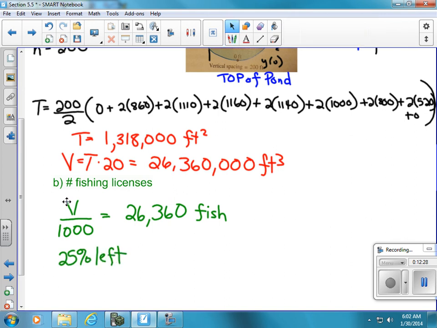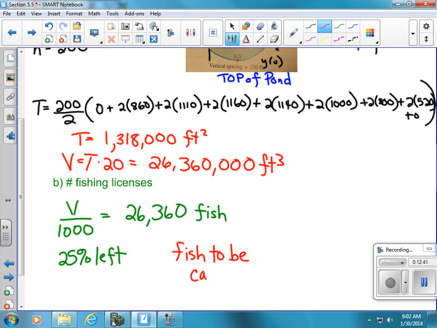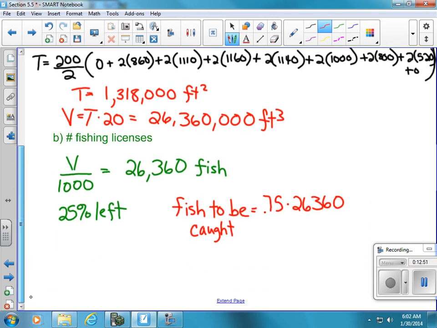That means we're going to allow the fishermen to catch 75% of the fish. So fish to be caught is 75% of this number. So 0.75 times 26,360. That says we have how many fish? Take out that trusty calculator, 19,770 fish.